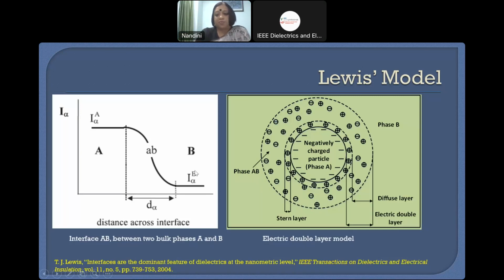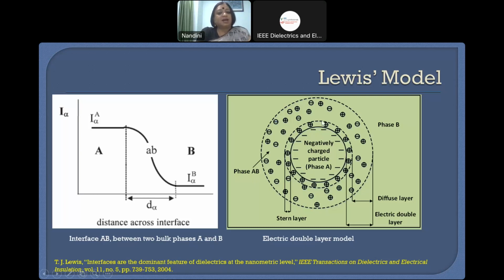The second aspect that he proposed is that the particle would have charge accumulation on the surface. That could be by reaction with the polymer. It could be due to absorption of charge from the bulk polymer. So let's say you have a surface charge on the filler.